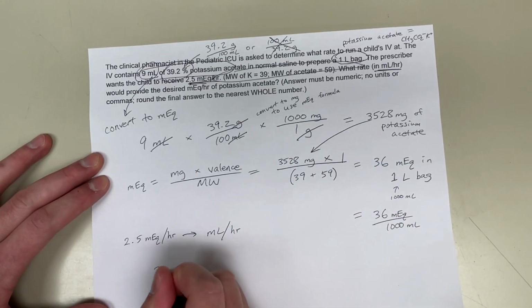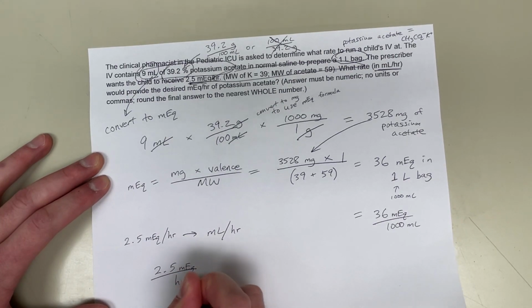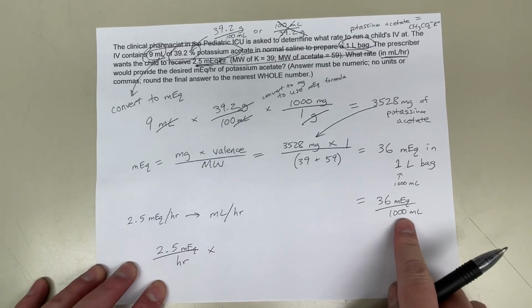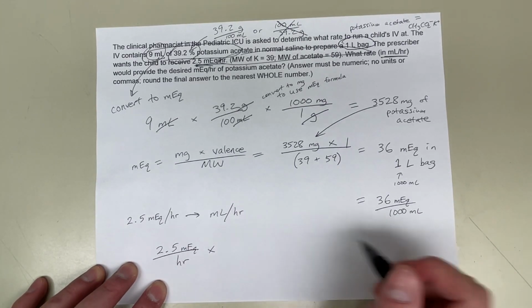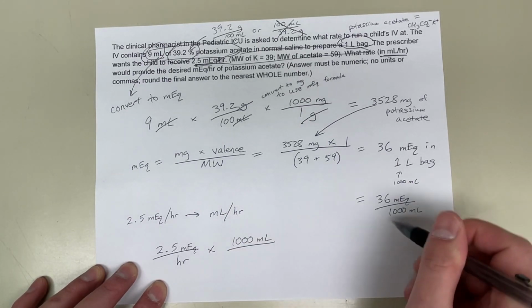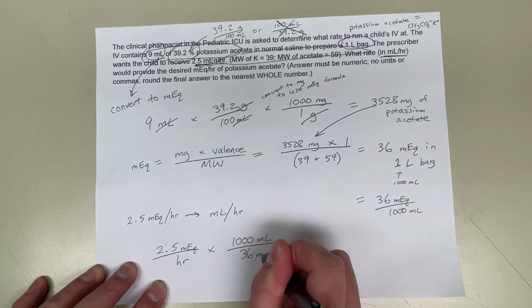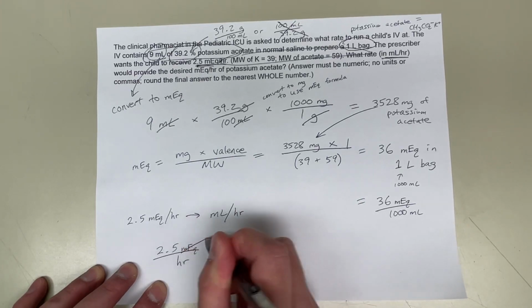So I start off with 2.5 milliequivalents per hour. I'll multiply it by our conversion factor that we just calculated, 36 milliequivalents for every 1,000 milliliters. But I'm going to reverse the numerator and denominator because I want milliequivalents in the denominator here, so I could cancel out the milliequivalents here.